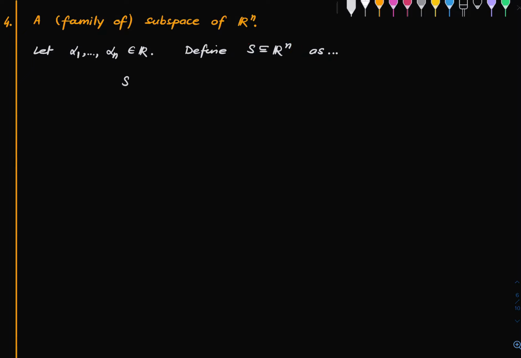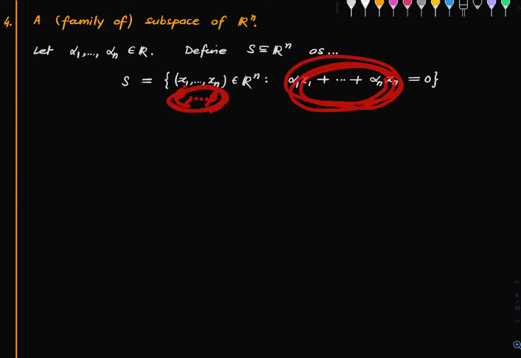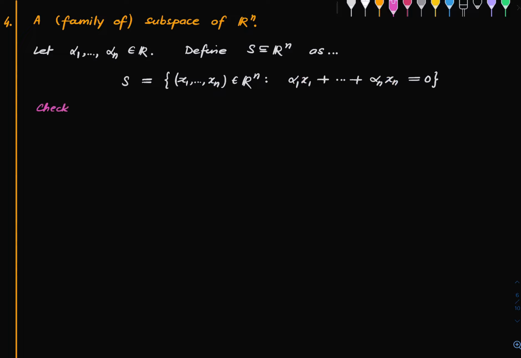S is defined as those points in Rn such that this sum vanishes. That is S. First of all, this is non-empty because the 0, 0, 0, 0 thing is clearly satisfying this equation. So it is a non-empty set. And your job is to check that S is a subspace.